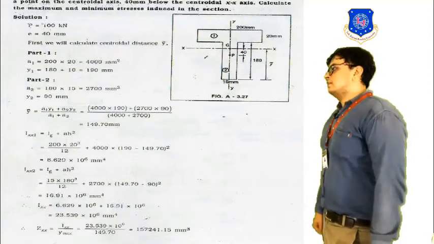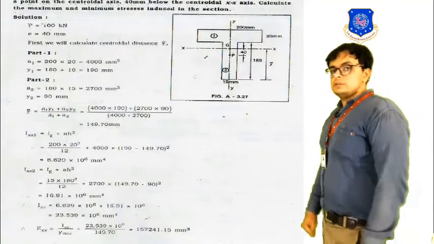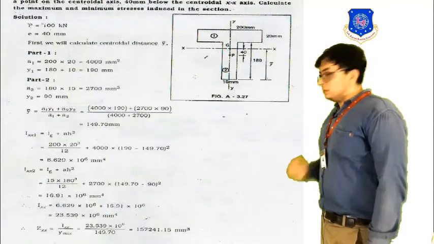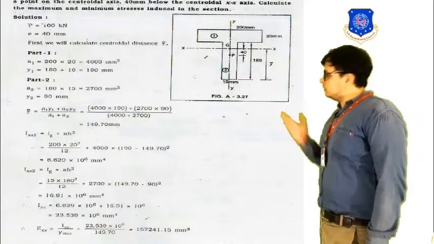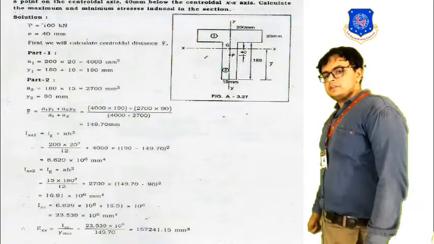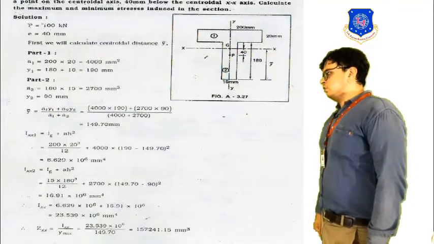After that, the fourth step is the section modulus. We have got the moment of inertia, we have got the centroid, that is y bar. So we just divide the moment of inertia by y bar, and we will get our section modulus.